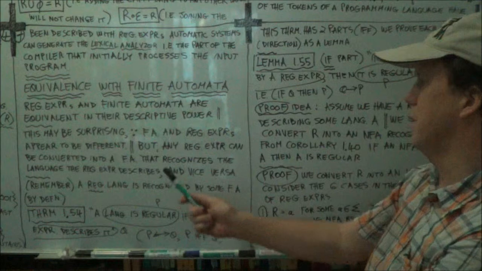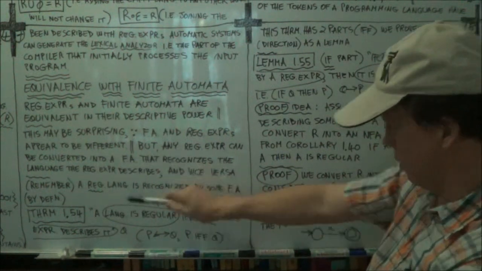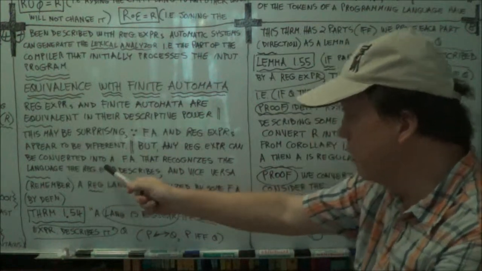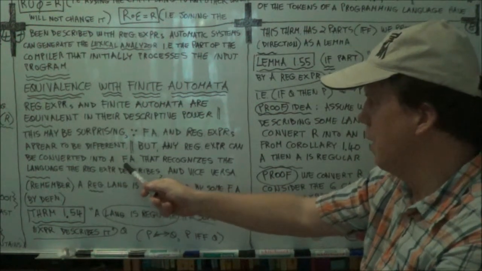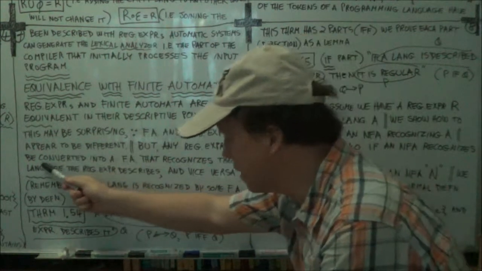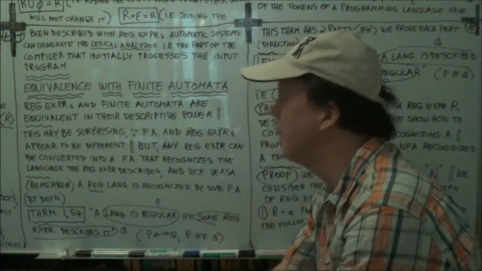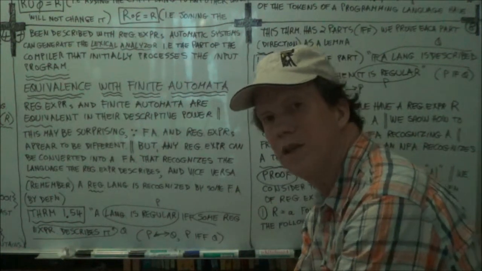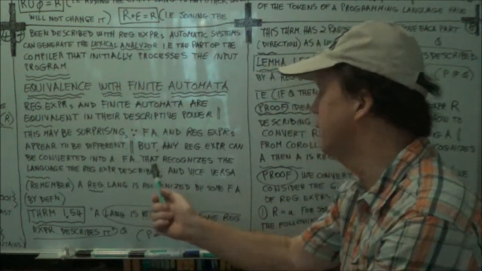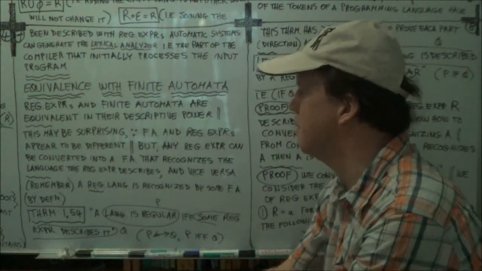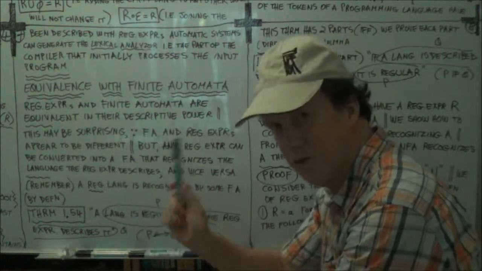So in formal terms, before we get onto a theorem, any regular expression can be converted into an FA. That's a major idea. You can take a regular expression and convert it into a machine, a finite automaton, and that finite automaton recognizes the language that the regular expression describes.